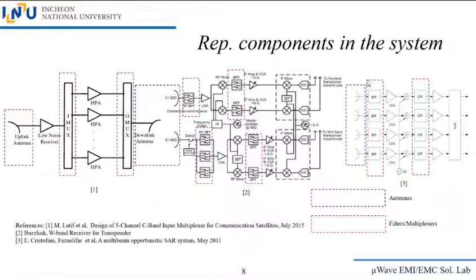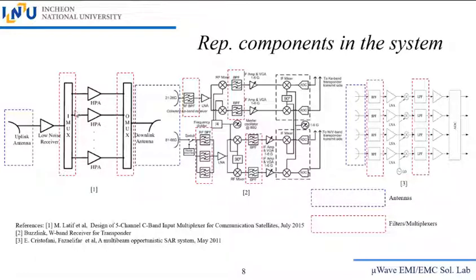I developed 2 models of satellites before, especially transponders. By the way, these pictures are quite familiar to me, and the system block diagrams of the transponders for a satellite look almost the same as the system block diagram of a mobile communication system.